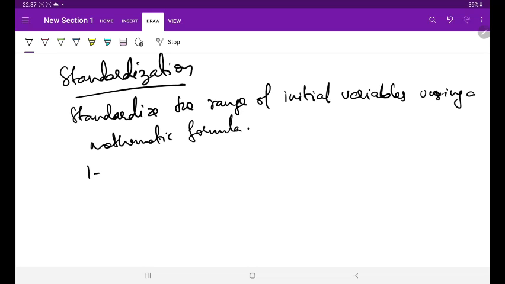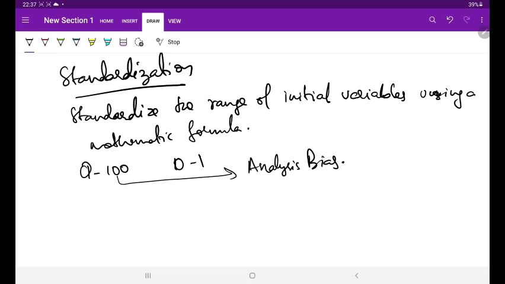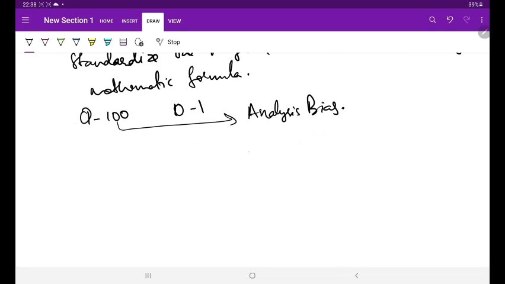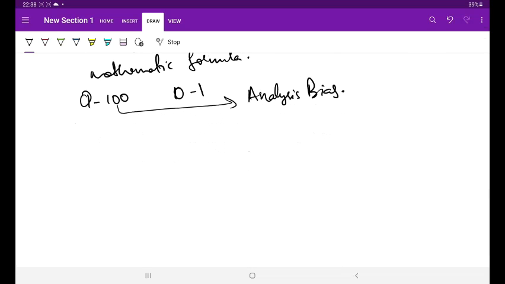For example, if there is a variable ranging over 0 to 100 and another one ranging over 0 to 1, this will create a higher bias in the analysis. So we will try to scale it into a standardized unit.